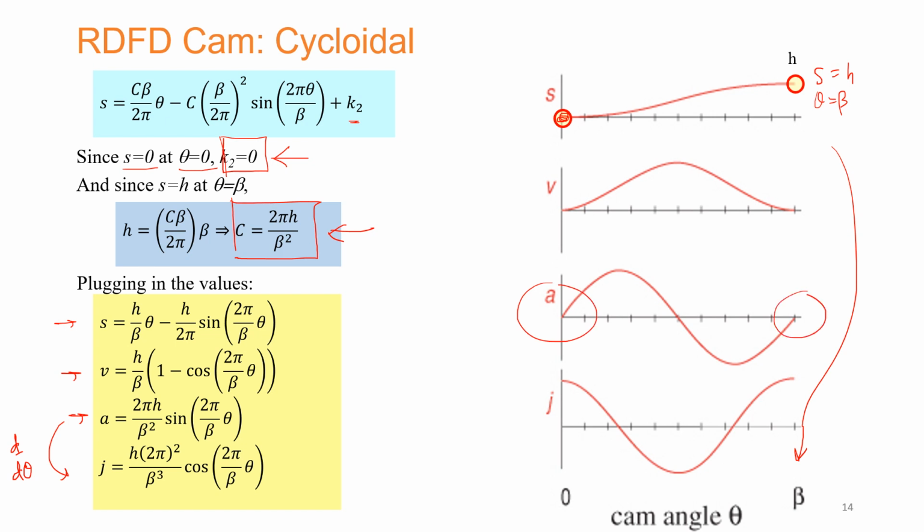There is no jump observed over here because it starts from a zero acceleration and it reaches once again the zero value at the end of this displacement beta. Jerk is now there, but this is a finite value that we can handle, so it is not going to be that problematic over here as compared to the previous designs.